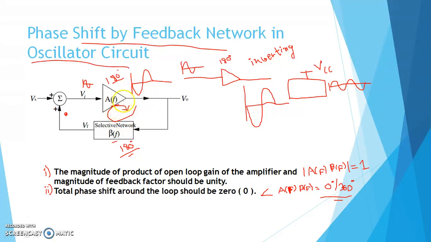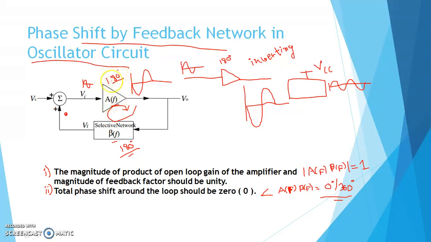So if you want to make a total 360 degree phase shift, then obviously if you want to make one oscillator with the help of a CE amplifier, you must design such a frequency selective network which has 180 degree phase shift minimum. Why? Because it has to satisfy 360 degrees.